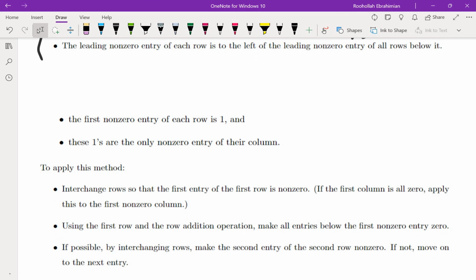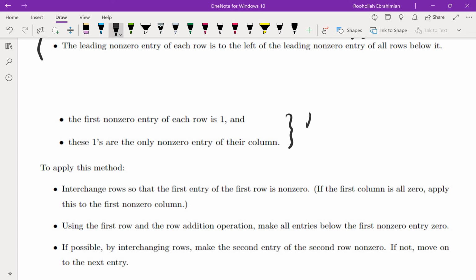Now, we can even go further and do what we did above, which is make those non-zero entries 1 and make everything in their columns 0. So the first non-zero entry of each row is 1. In addition to what we have before, we can also make first non-zero entry of each row 1. And then these ones are the only non-zero entries in their columns.